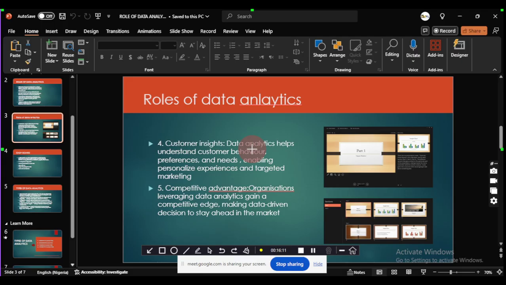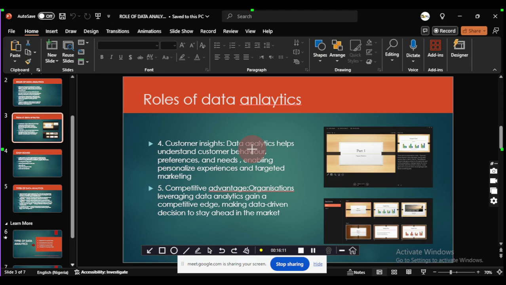The first one is descriptive analytics. This type of analytics analyzes historical data to understand what happened. Examples: sales reports, website statistics. This one only answers the question of what is really happening.